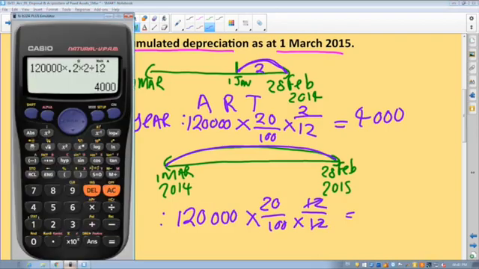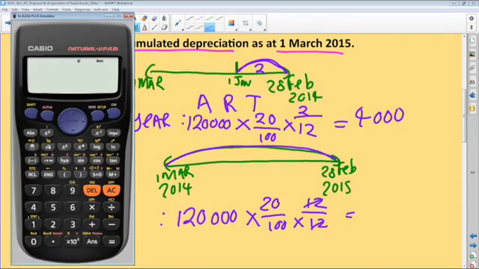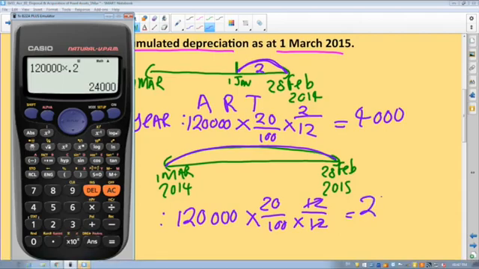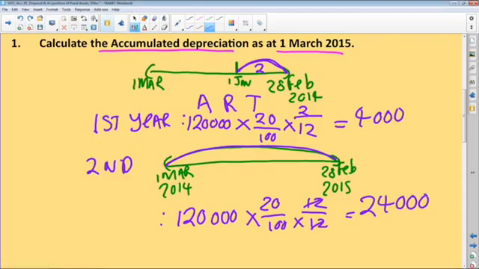Once again, I'm going to rely on my calculator. It's an easy one, but let's just be safe. 120,000 times 20% gives us an amount of 24,000. So let's fill that in: 24,000. Right, now that I've calculated my depreciation for the first year and the second year, remember the question wants me to calculate how much in total was written off by the 1st of March 2015.